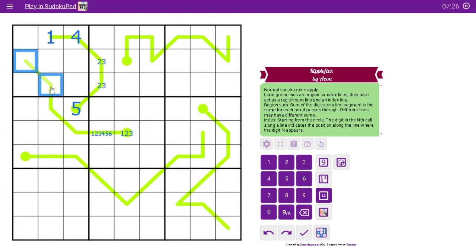So you cannot make it 5. So obviously that can't be a 1. It also can't be a 2. This can't be a 3.